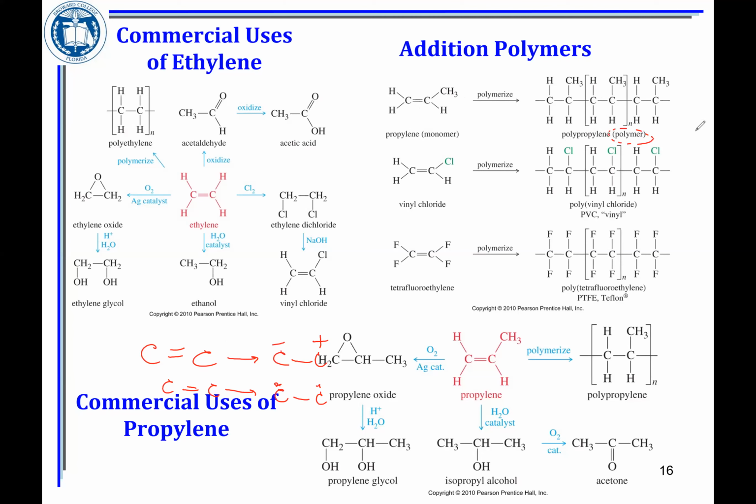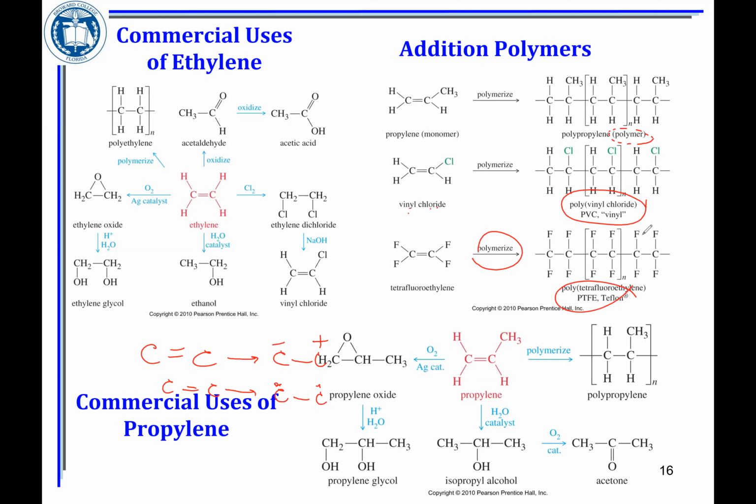That's a simple polymer. If you have vinyl chloride, you would get polyvinyl chloride. So it's the polymerization of this alkene, and you get PVC, polyvinyl chloride. That's a very versatile product that is used in plumbing as pipes and a lot of uses. Then you can polymerize and you get Teflon.